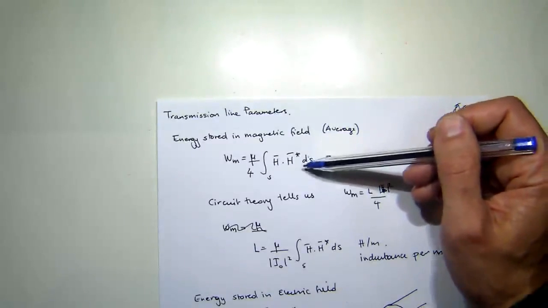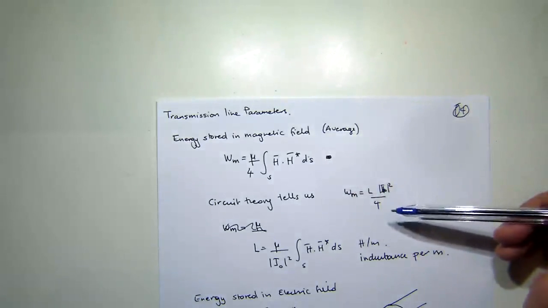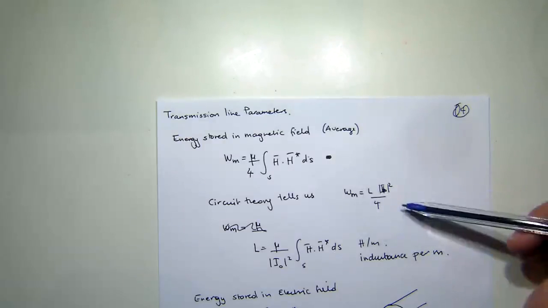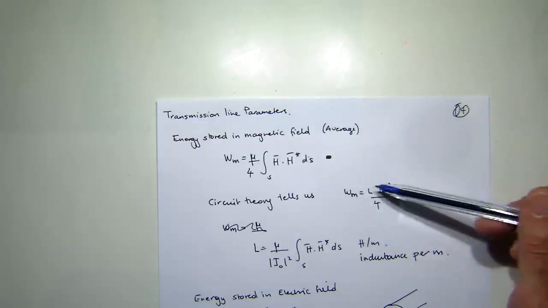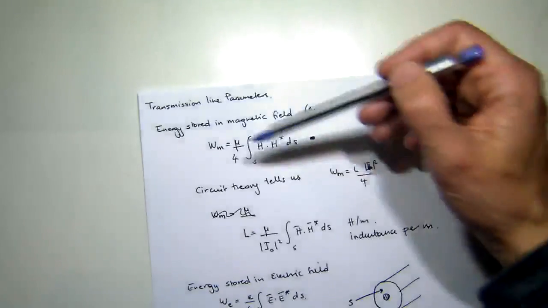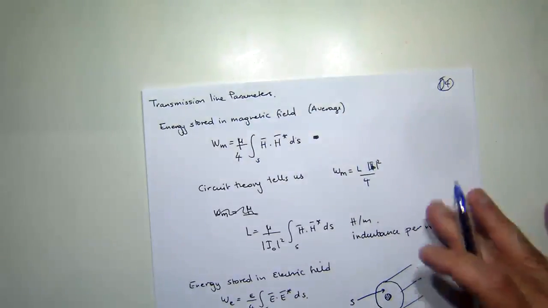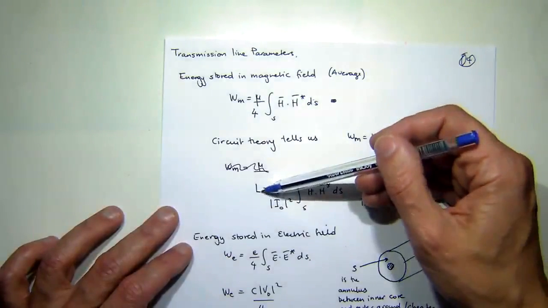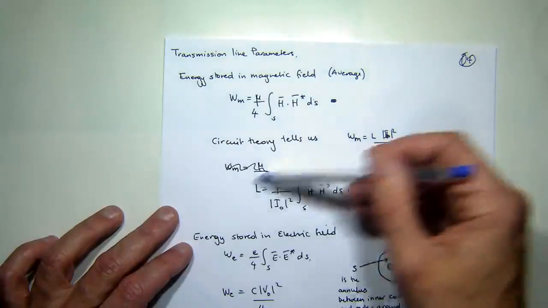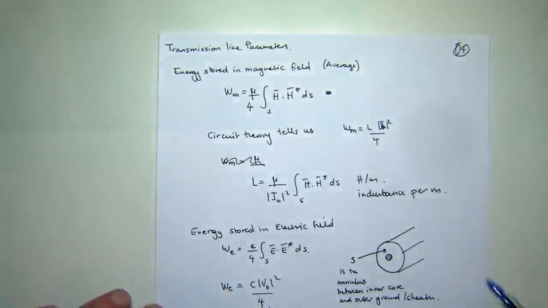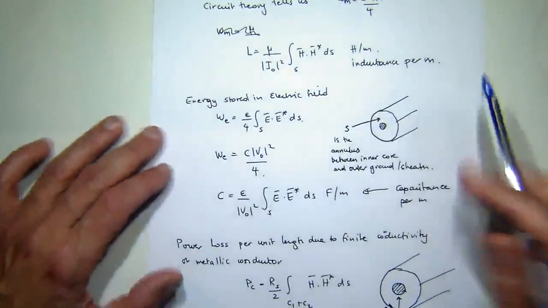And we know from your first year, or maybe second year, that the average energy stored in an inductor is L i squared on 4. That's the average. So therefore, you can equate these two. Essentially, it tells you that if I gave you the magnetic field, you can work out the inductance through this relationship, which is just H star dS.